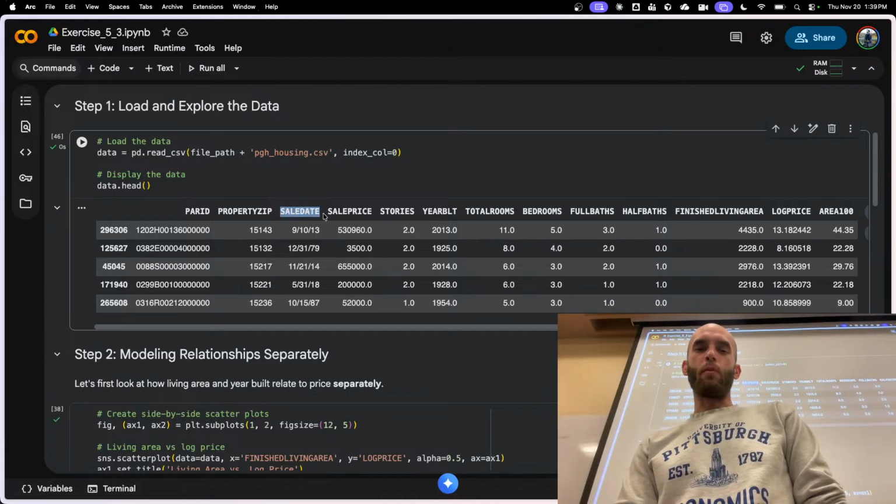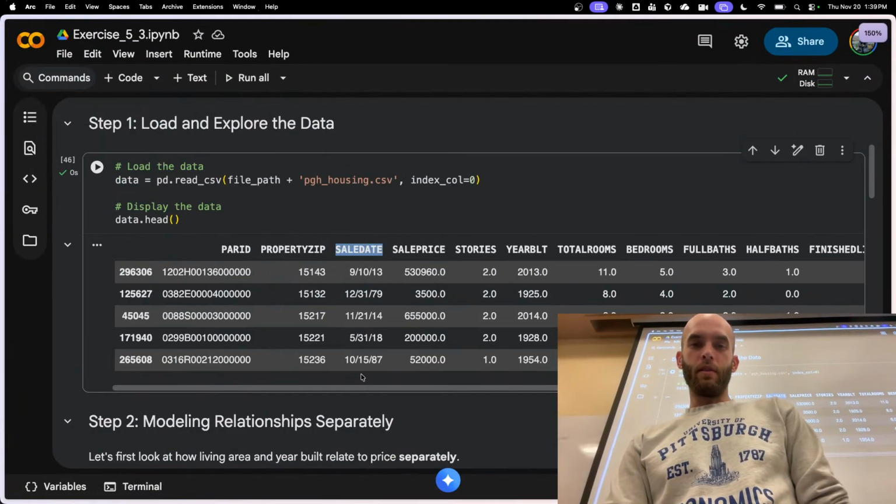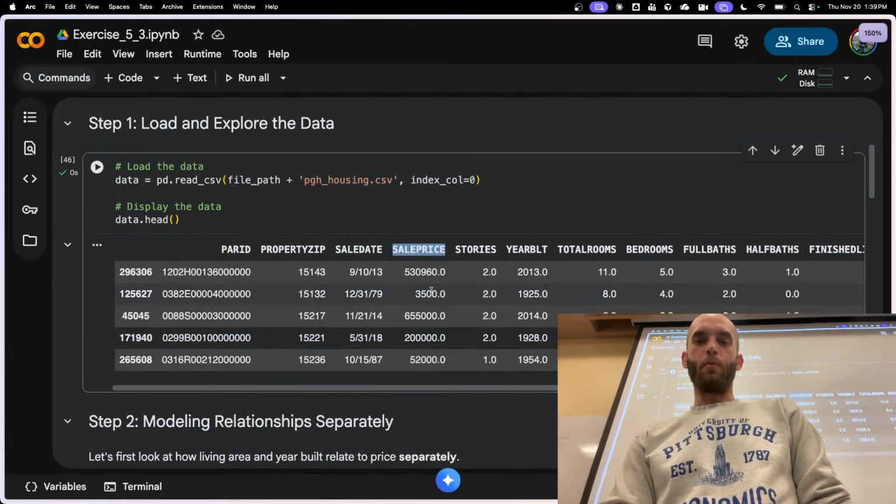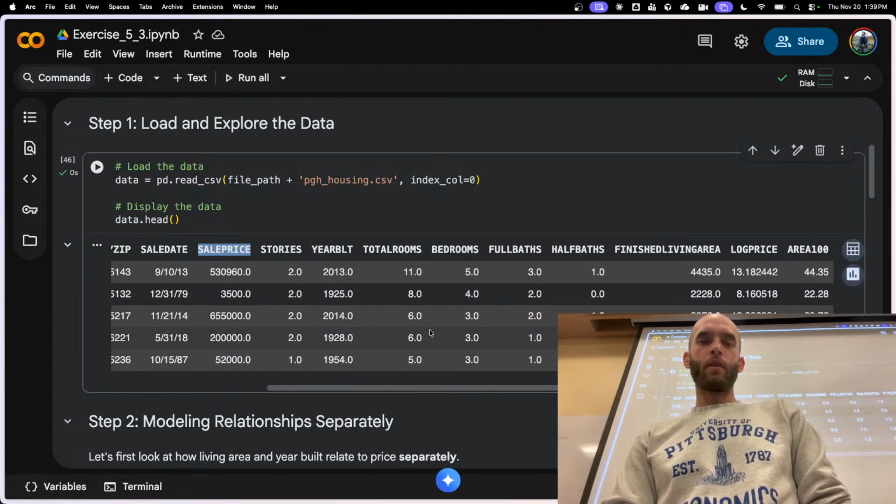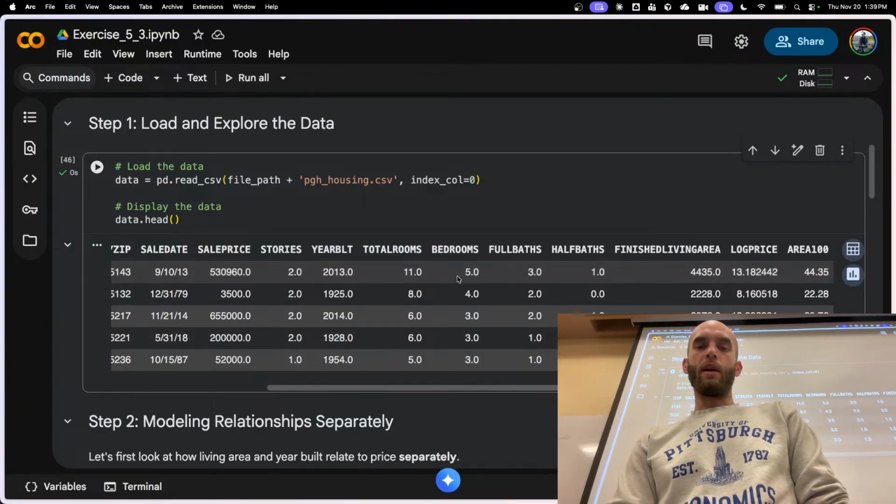So then we also have sale date and sale price. This is how much it sold for. This is the number of stories. We have year built, total rooms, bedrooms, bathrooms, and half baths. And then we have the finished living area.